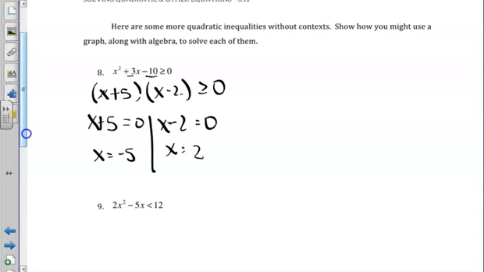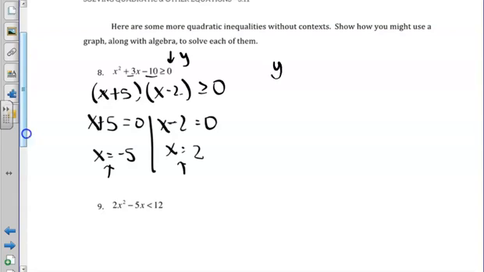Now, we need to figure out if this needs to be a greater than sign, greater than or equal to sign, or a less than or equal to sign, and same thing here. So we can look at our inequality and keep in mind you can replace this 0 for a y.